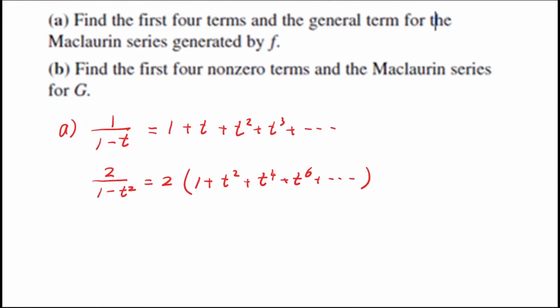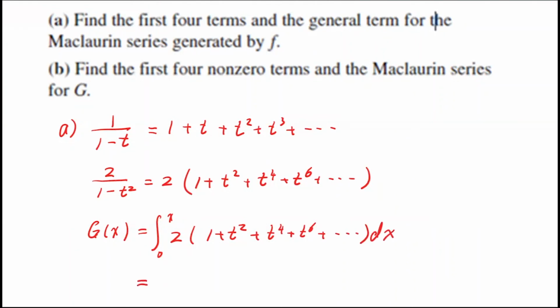If we integrate, that becomes our capital G of x. Now that is equal to, integrate this from 0 to x, 2 times 1 plus t squared plus t to the 4th plus t to the 6th plus dot dot dot dt. Okay, let's see what we got.